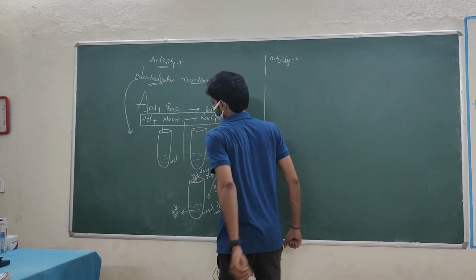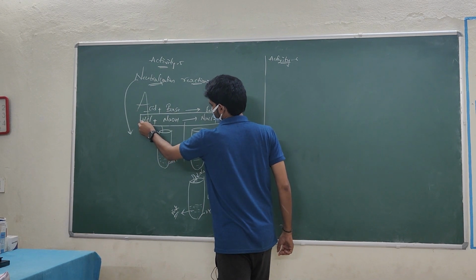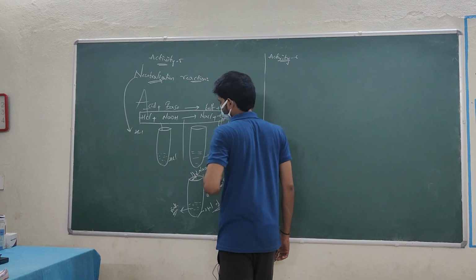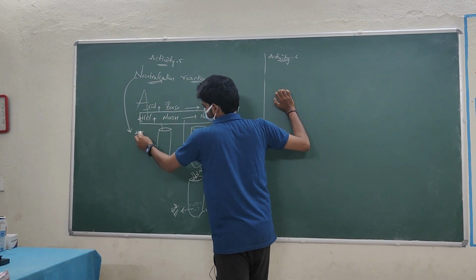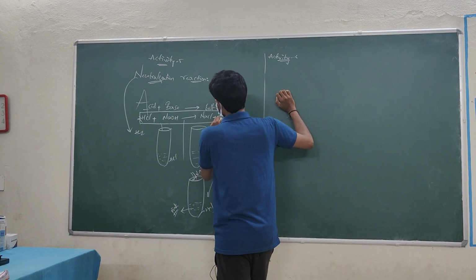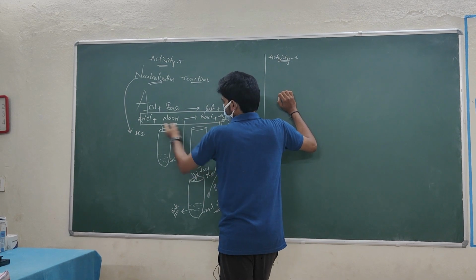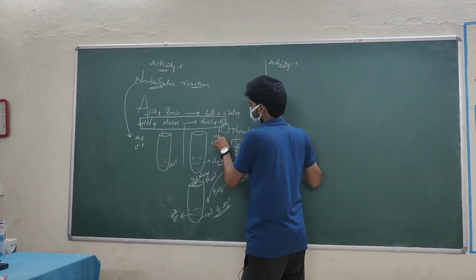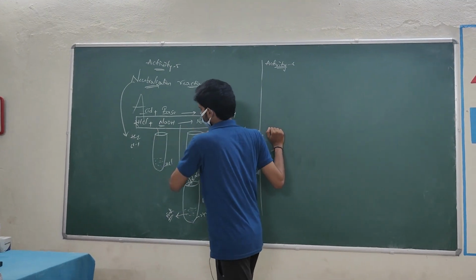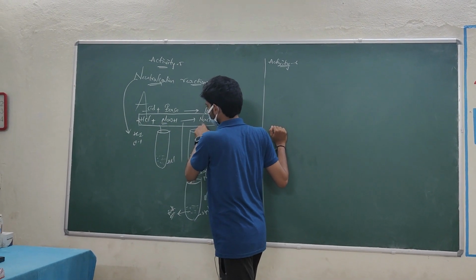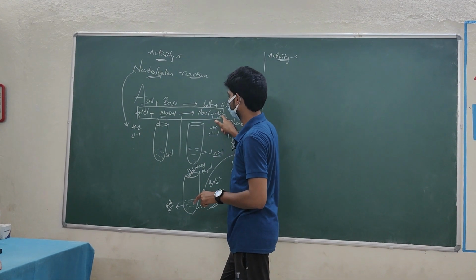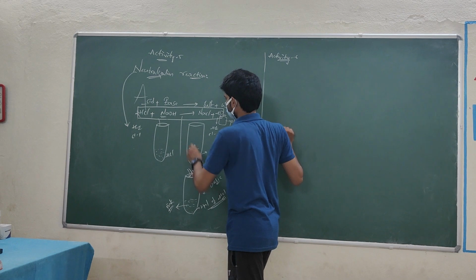So let's try to balance this. On this side hydrogens are 1, on this side hydrogens are 2. So let's put 2 here. Now hydrogens become 2. Now chlorine is 1 here and 1 here, balanced. Sodium 1, balanced. Oxygen is 1 here, and 1 on the other side, no need to worry.